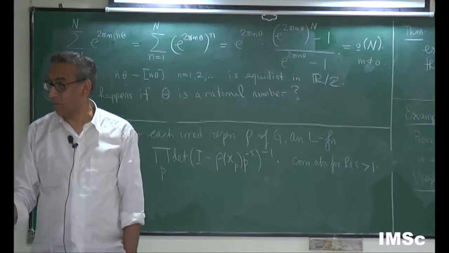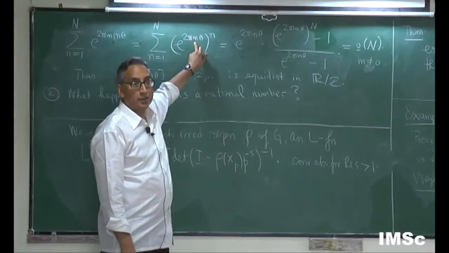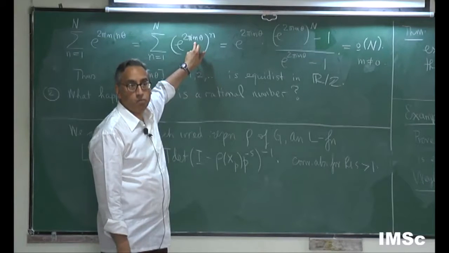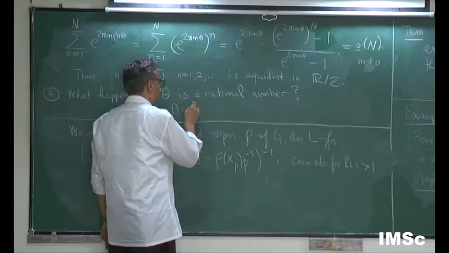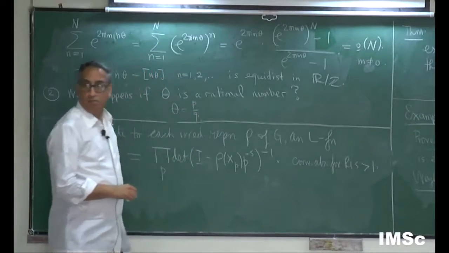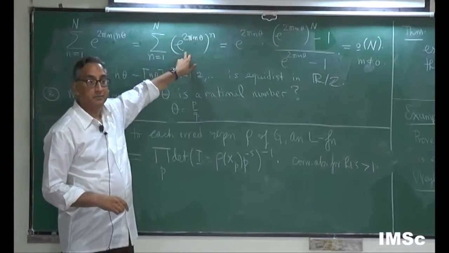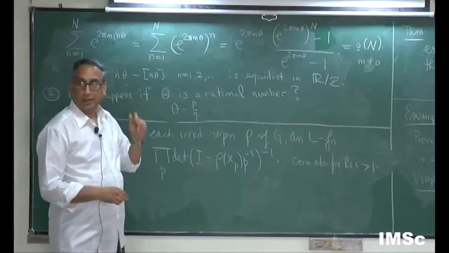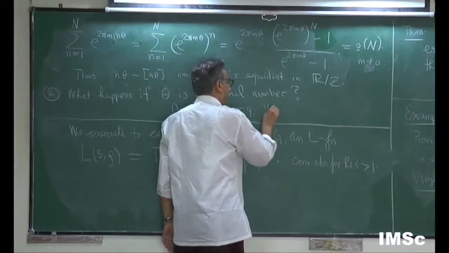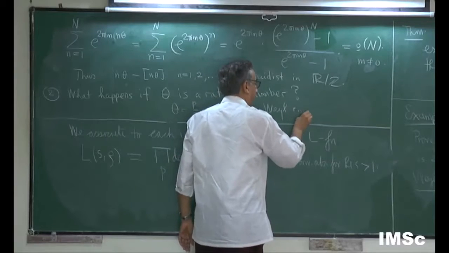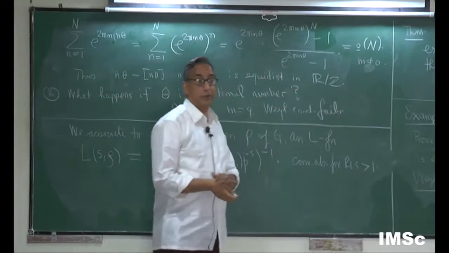If and only if. So is there an m for which this condition is not satisfied? Let's say theta is equal to p over q. Choose m equals q, and all of these are now just ones, and the Weyl condition for m equals q fails, right? So I can say it is not equidistributed.